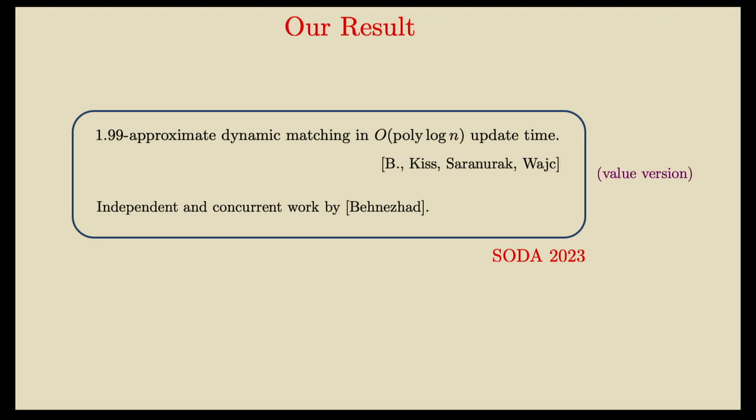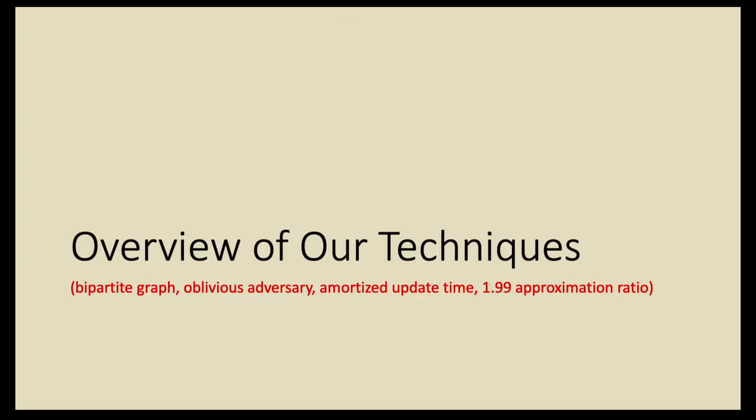It works only for the value version of the problem, and independently and concurrently the same result was obtained by Behnezhad. Let me give you a very brief overview of the techniques, and to keep things simple, assume the graph is bipartite, the adversary is oblivious, the update time is amortized, and we just want better than 2 approximation.